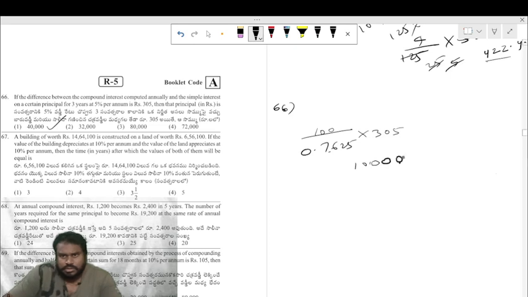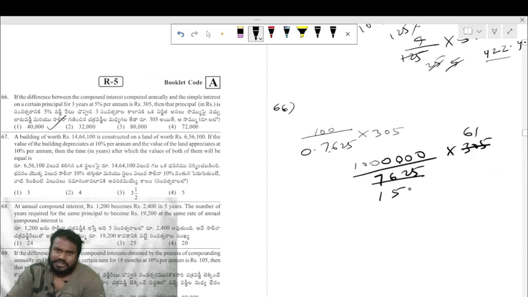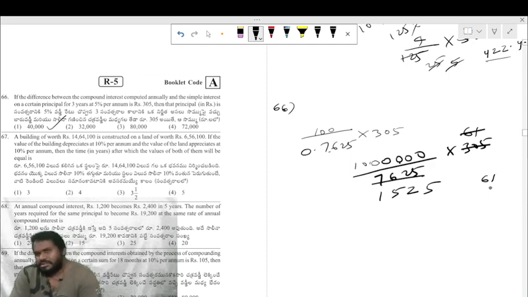So 305 extra divided by 7625 into 100. 5 on the 5, it was a 10, it was a 25. 61, 600, 20 times is 1200.